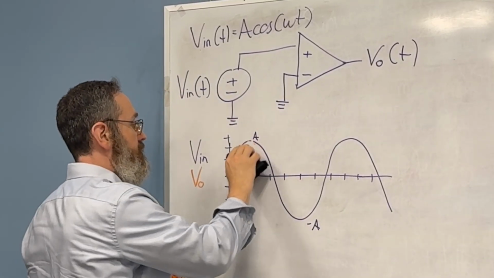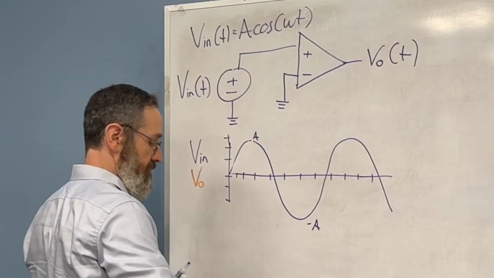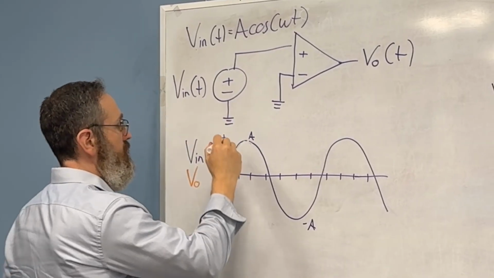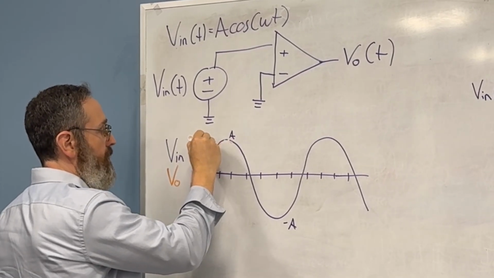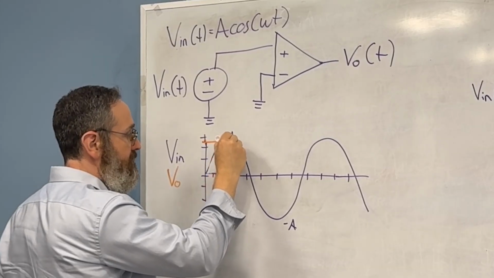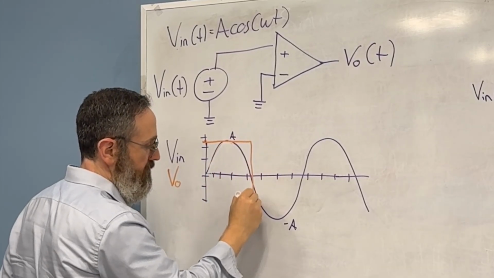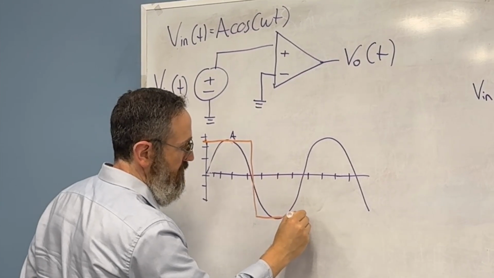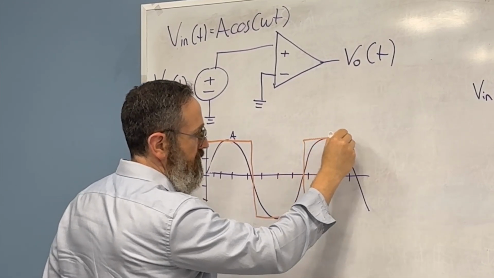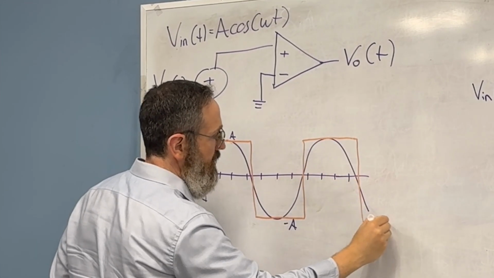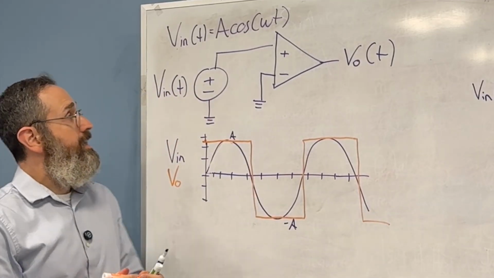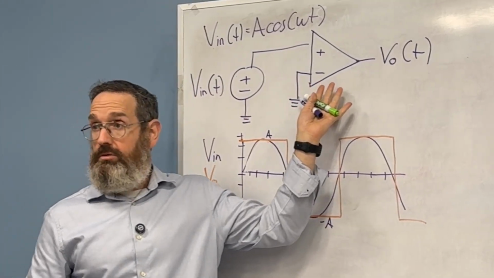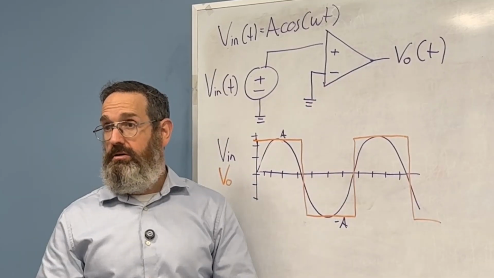The output will look like this. And let's explain why. This circuit we've seen before, and it's called a comparator.